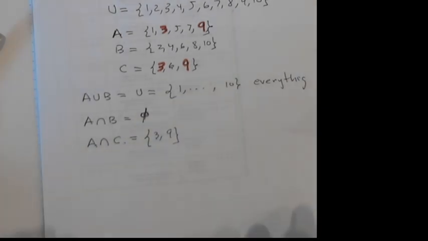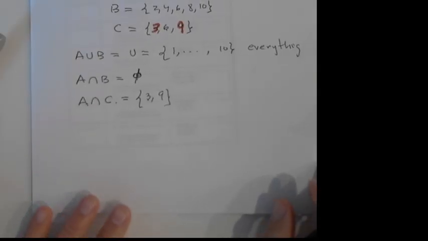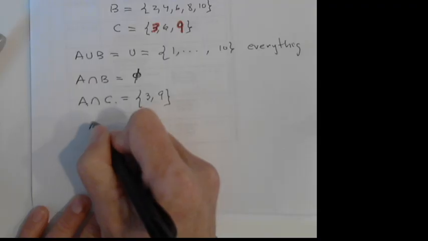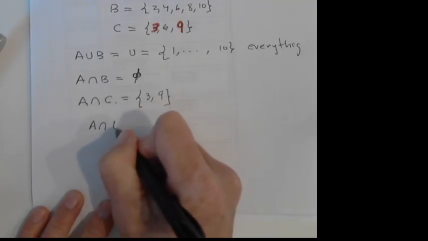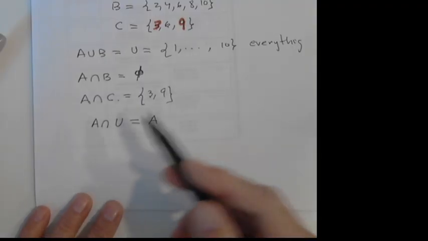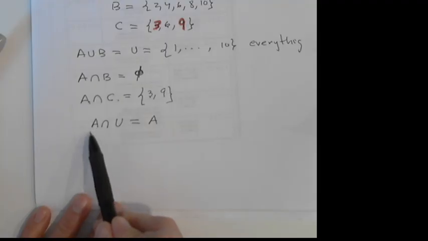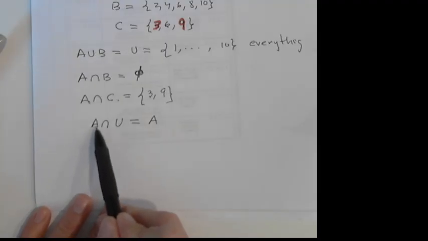And you could also check for your understanding that A intersection the universe is A. Check it out. Make a universal set and make a subset A from the universe.